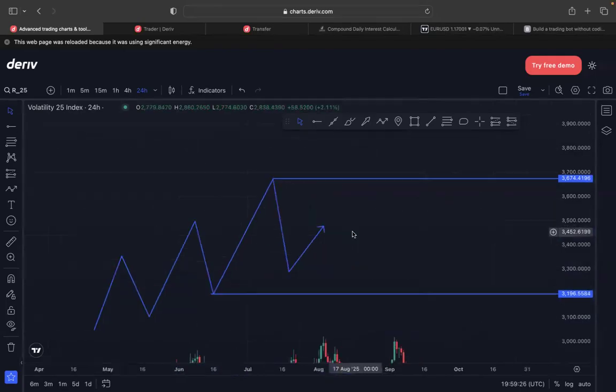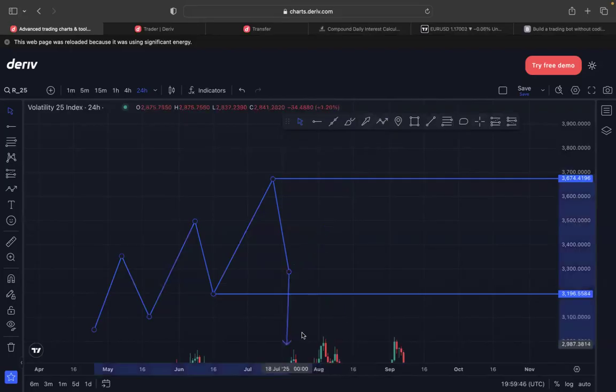This zone stops being my point of interest if we have either a break of structure here, or a change of character.